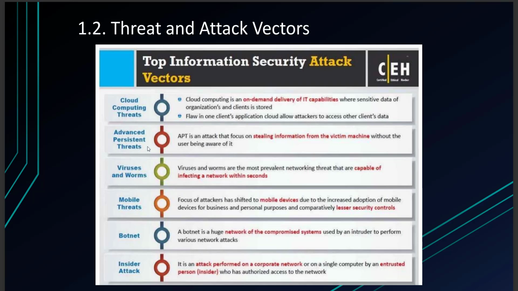So advanced persistent threat is a technique, a strategy, and it uses viruses and worms, then it uses botnets. Viruses and worms are types of malware that can be injected and are capable of spreading within seconds. Mobile threats are the same.